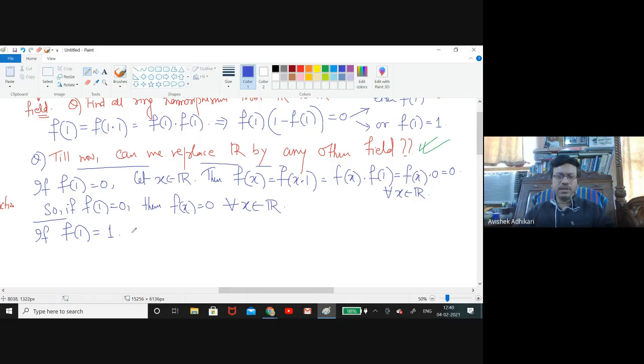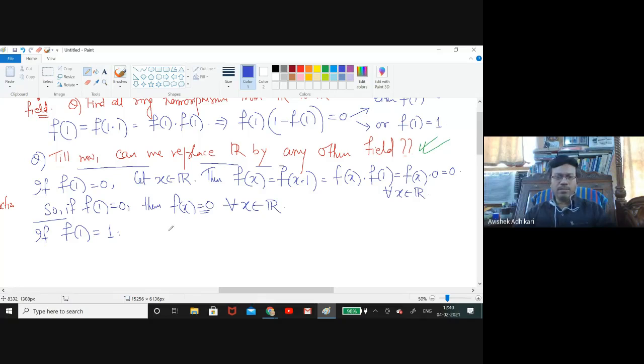So if it sends to 0, then it has to be a zero morphism, because f(x) equal to 0, everything goes to 0. So it's a homomorphism, and we get already one homomorphism. Now the question is, are there any other homomorphisms? Now there is another choice, that f(1) equal to 1. Now tell me what could be the consequence.